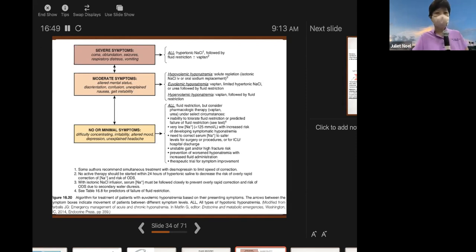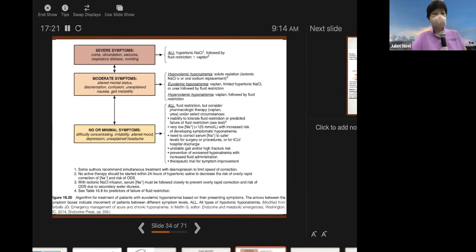For hypervolemic, you have to give vaptans followed by fluid restriction. For minimal symptoms or no symptoms at all, or a mild hyponatremia, what you can do is just fluid restriction, but consider vaptans if needed. So if the patient is unable to do fluid restriction, then you can give vaptans also.